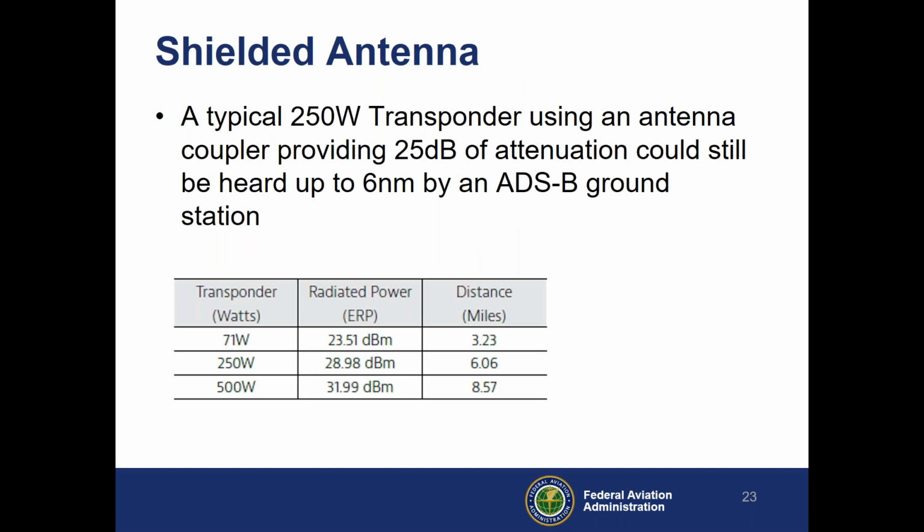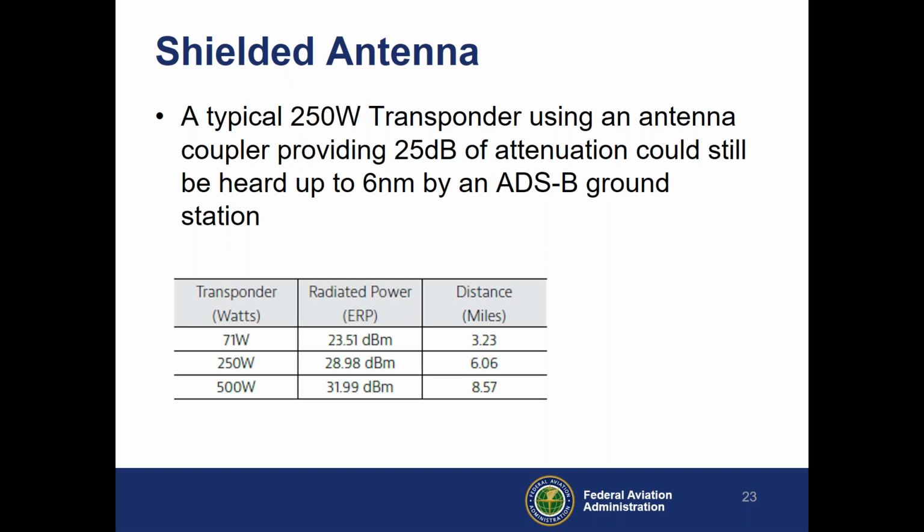Using our antenna couplers, a typical 250 watt antenna provides about 25 dB of attenuation. As you can see, that reduces your radiated power out, or shields it to where you could still have as much as 28 dBm of RF, and you can still reach out 6 miles if there's RF leakage.